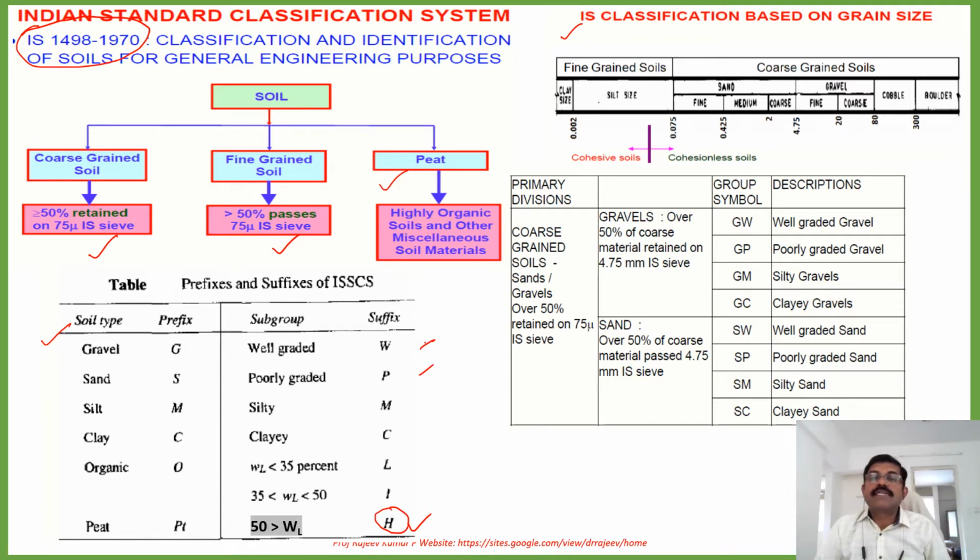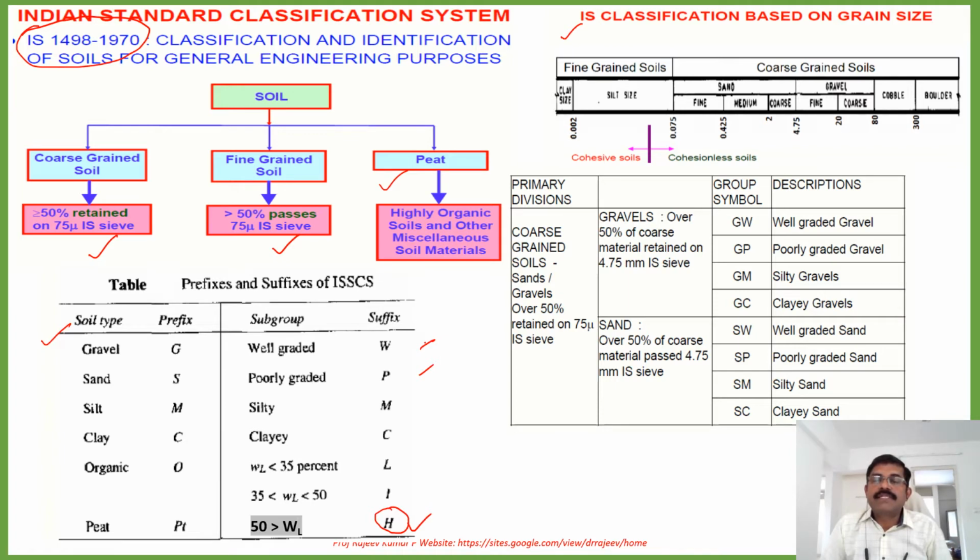As I mentioned, there are cohesive and cohesionless soils; fine grained soils are mostly cohesive soils, and then there are cohesionless soils. The primary divisions are also given with the group symbol.